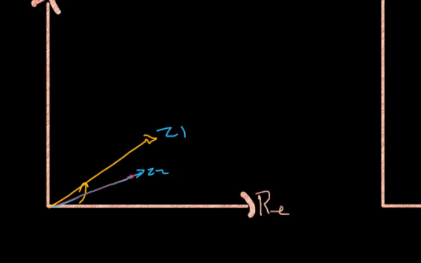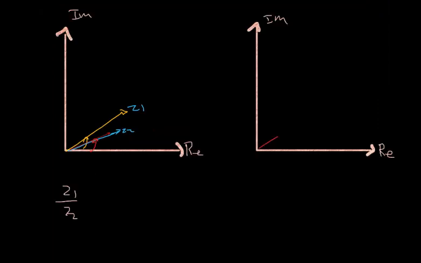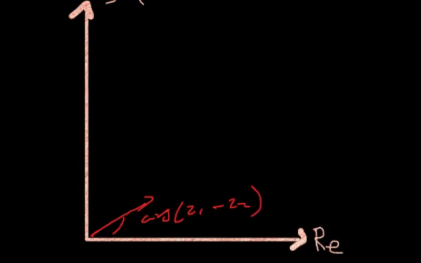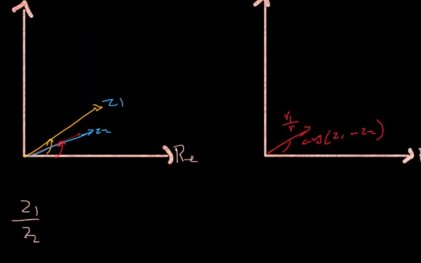Now this is the angle for z2. So this is our final result. This is the argument of z1 minus the argument of z2, and the magnitude is r1 over r2.